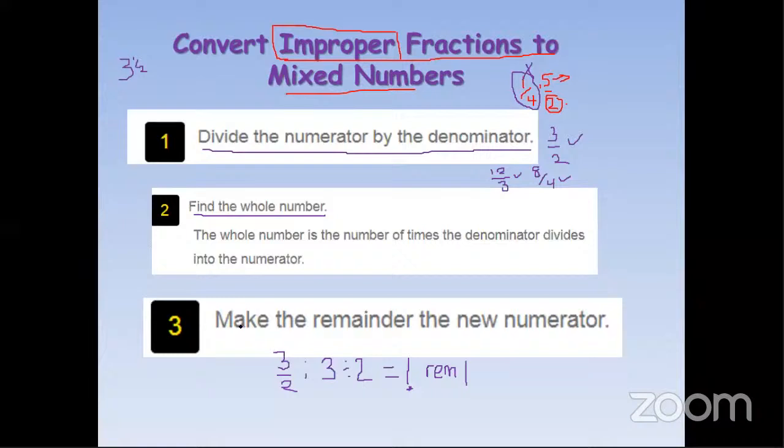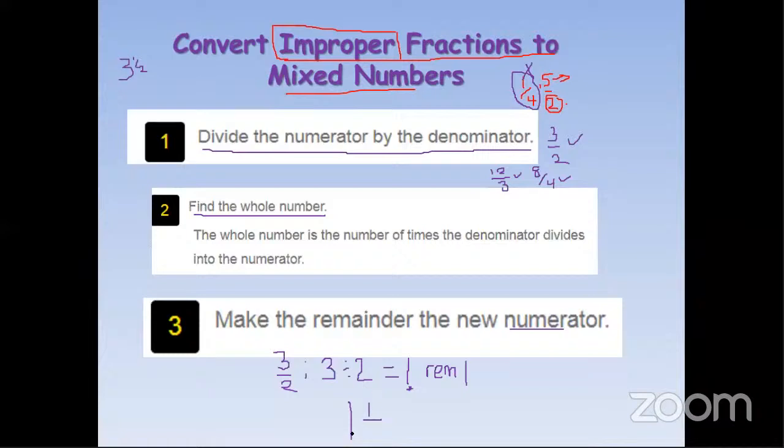Step number 3, make the remainder the new numerator. So we are writing one whole number. This is our whole number. We make the remainder the new numerator. Our new numerator is 1 out of, what is our denominator? 2.